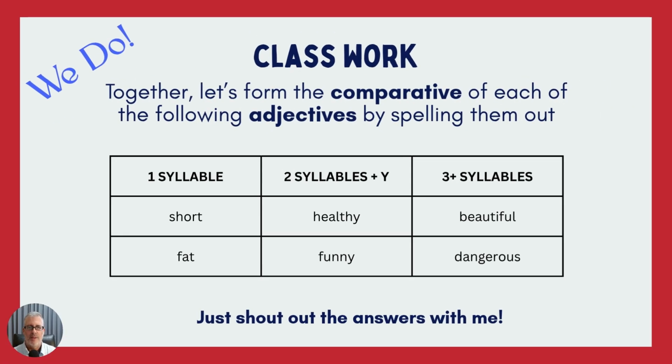Okay, let's take a look then. Let's form these together by just saying them out. Short. What do we do? SHORTER. Fat. Now, 3 or 4 letters. Yeah, fat has 3. So FAT. Is it CVC from the end going back? Yes.